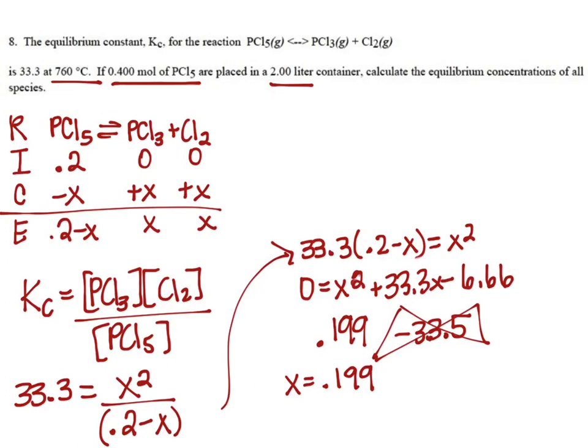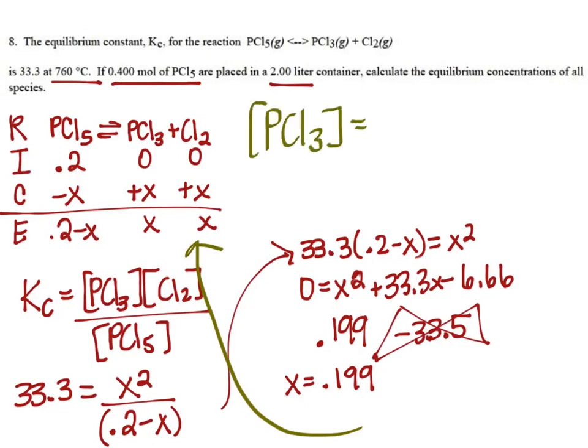So now what we can do is we plug this in up here. So the concentration of PCl3 is equal to the concentration of Cl2, which is equal to X, which is 0.199.